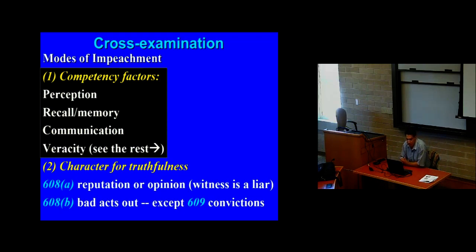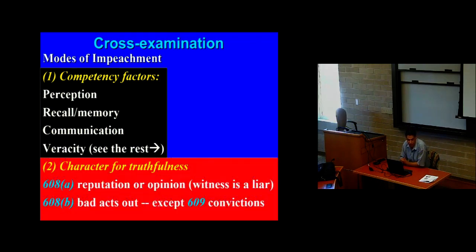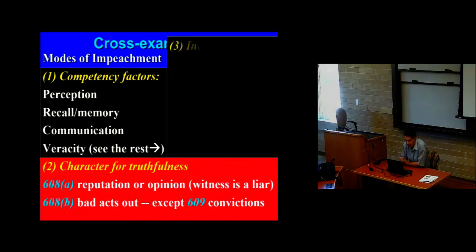Veracity involves character for truthfulness, which is Rule 608 and 609. Remember, there are inconsistencies, which I have as a third area, but it could go under either communication or veracity, when you're trying to show inconsistencies, to show that you've caught them in a lie or a serious mistake.